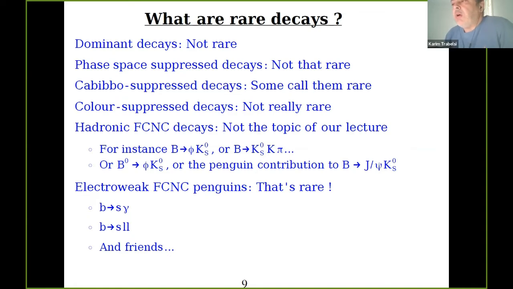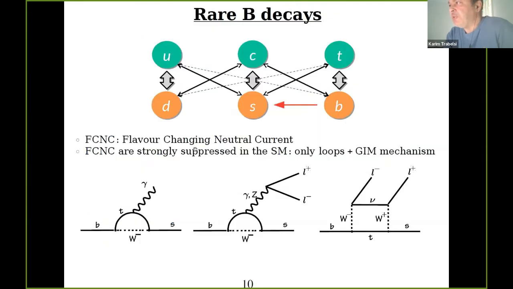We talk mostly about two kinds of decays: the b to s transition, so very suppressed flavor changing, b to s gamma, or b to s l+ l-, a pair of leptons, and related to that. The b to s gamma is one of the rare B decays which was studied the most, especially from the CLEO time.